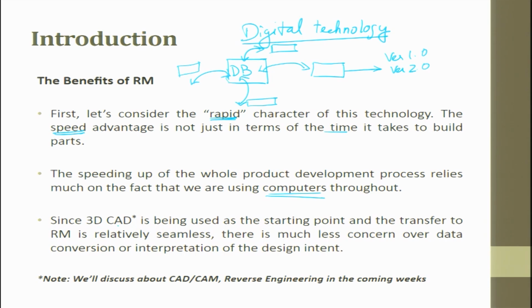Since 3D CAD is being used as a starting point, and interestingly, this CAD data can be used for CAM, can be used for measurement, can be used for quality, it can be validated, whatever they wanted. And second thing, since the database is unique, next time when there is a new revision of product or advanced product coming, they don't have to start right from scratch.